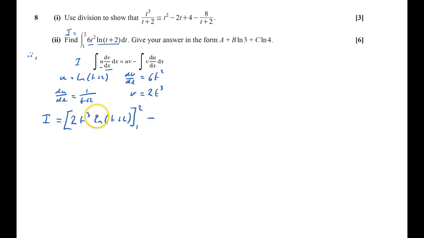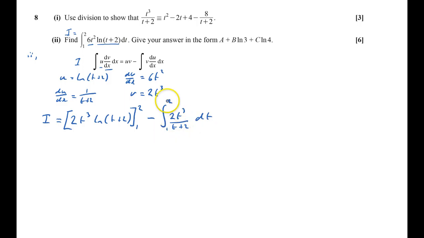And then take away the integral of v du by dx, so that would be 2t cubed is v times du by dx, which is 1 over t plus 2, so that will be over t plus 2, and that will be dt, and that's also between 1 and 2.